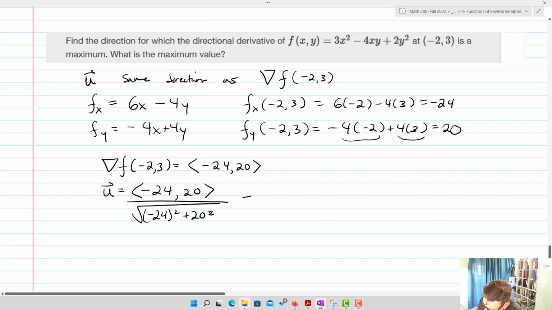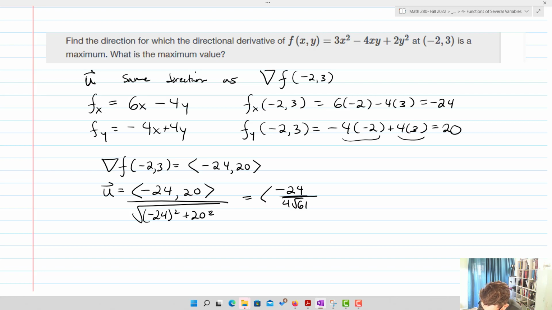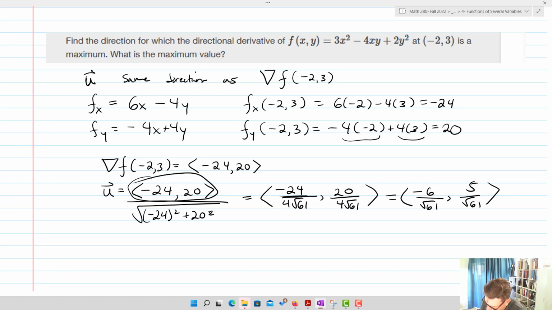This ends up giving me negative 24 over 4 root 61, comma, 20 over 4 root 61, which is just equal to negative 6 over root 61 and 5 over root 61. And so that's the direction. Obviously, the direction is also negative 24, 20, so u is essentially going to be the value of the gradient. That's your direction.